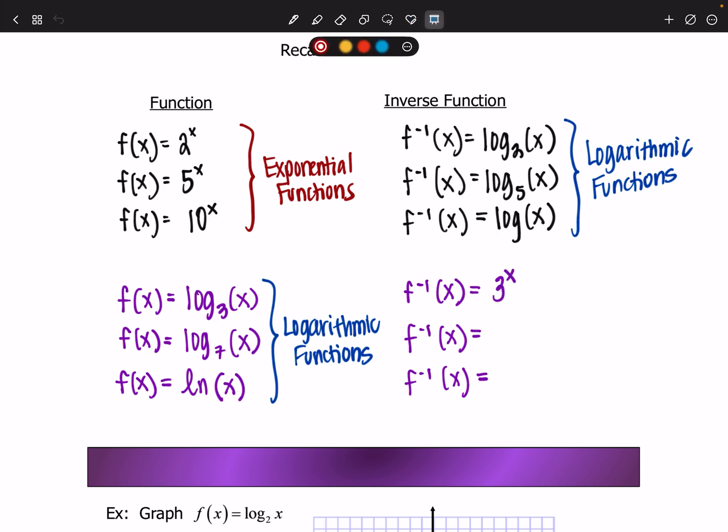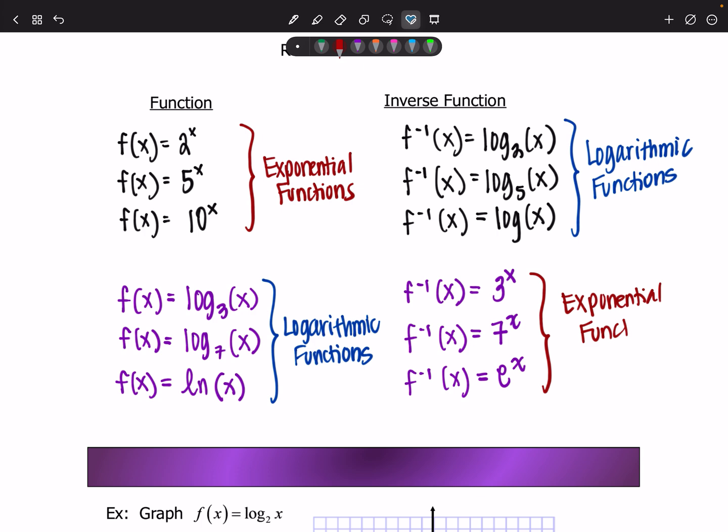The inverse of log base 7 of x is 7 raised to the x power. And the inverse of the natural log of x is going to be e to the x power. And all of these functions are exponential functions.